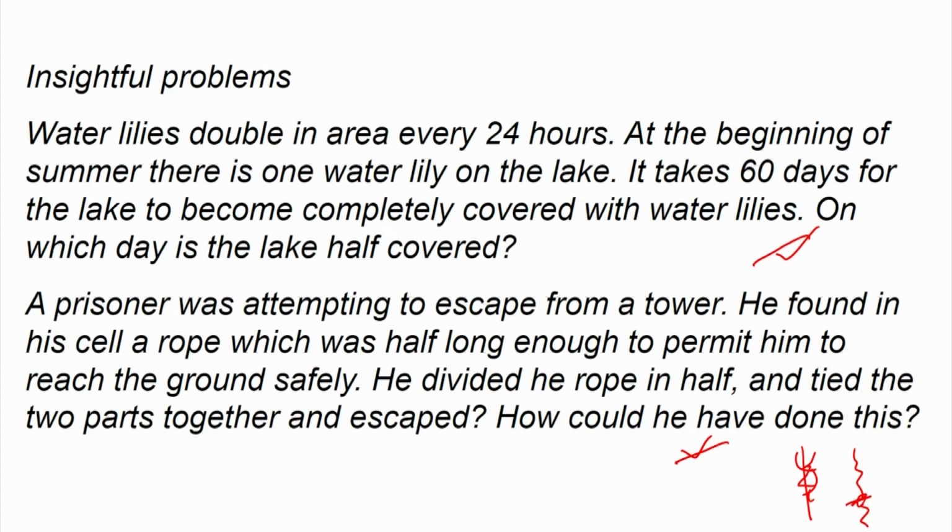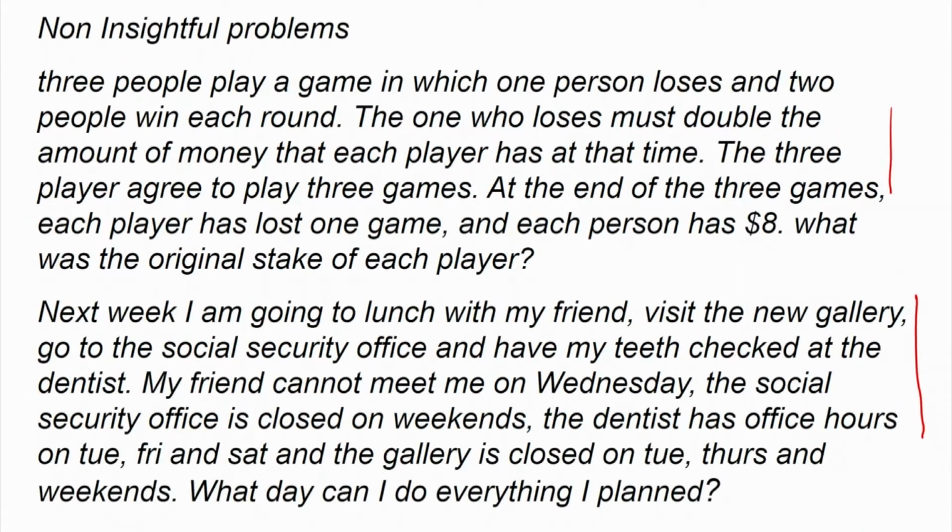So, the mistaken assumption is the fact that 60 is full. So, if it is doubling, then 59 will be half, that kind of thing, or the fact that the ropes are intertwined together. So, if you break them apart, we can attach them end to end, and then the prisoner can escape the cell.